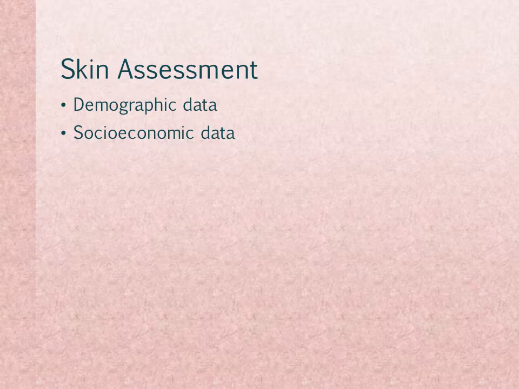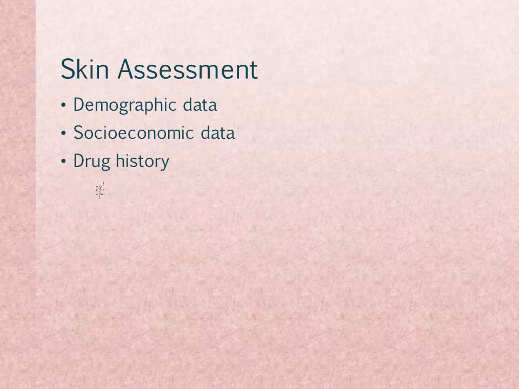has there been recent travel, what are the hygiene protocols for this patient, and whether they've had a lot of sun exposure or limited sun exposure. The drug history provides information based upon any prescriptions they may be taking or have recently taken, over-the-counter medications, or illegal drug use that can contribute to skin problems. You want to assess allergies.